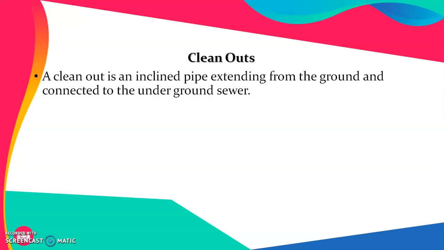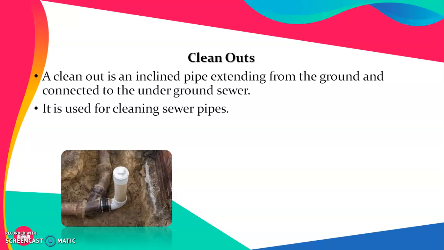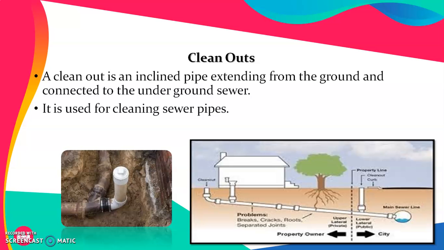Next are the cleanouts. A cleanout is an inclined pipe extending from the ground and is connected to the underground sewer. It is used for cleaning the sewer pipe. This picture shows such a cleanout. And in this particular figure, you can see the location of the cleanout, which is at the end of the system of pipes which are designed for the collection of wastewater, say from a certain source like an individual house.